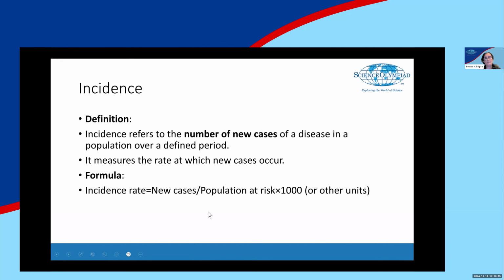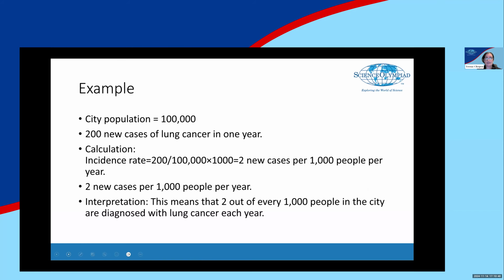For example, you can see new cases over the population at risk times 1,000. That is how you measure the incidence of a disease. So there may be a question around calculating the incidence. When you see the term in the question or in the statement, you will think of new cases when you think of incidence.